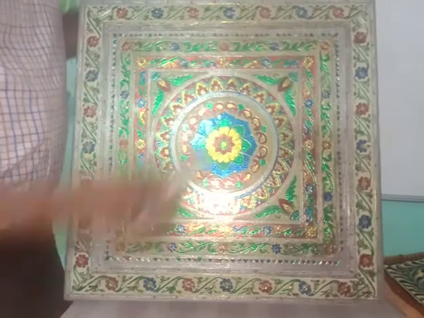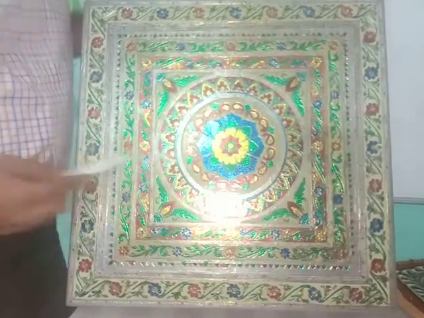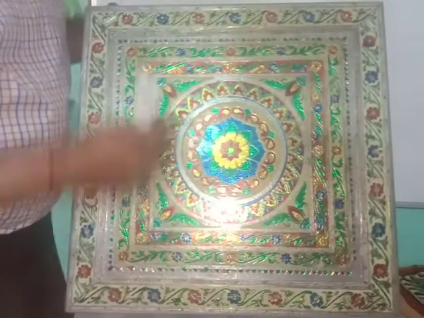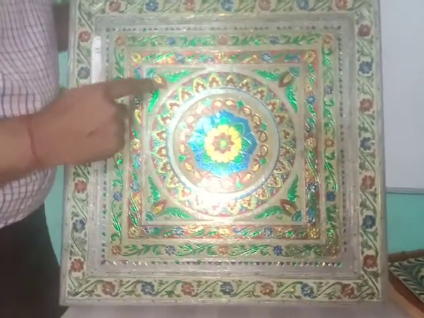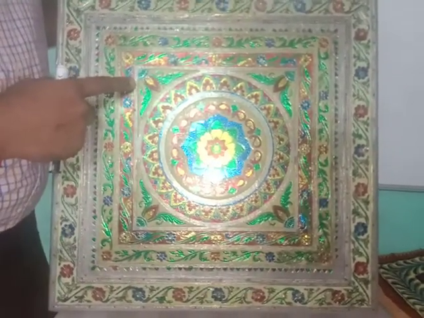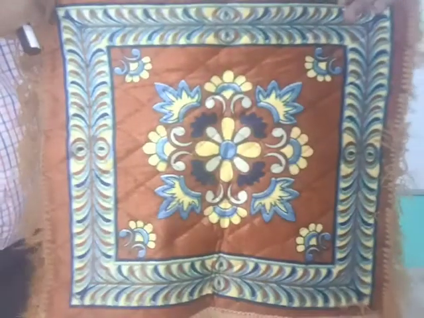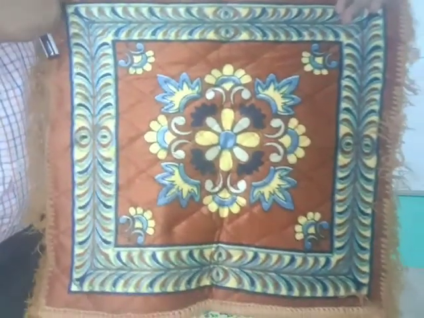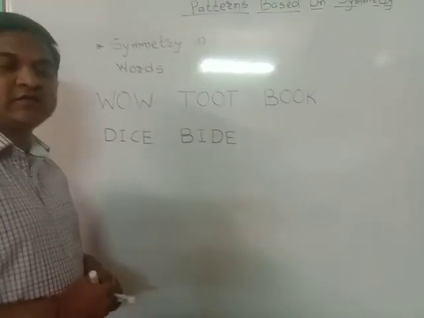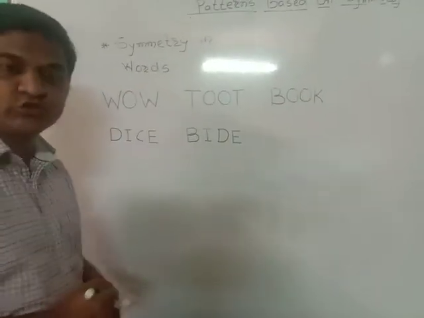You can see that this pattern is symmetric about a horizontal axis and a vertical axis. The same figure, the same shape, is reproduced on the other side of the axis of symmetry. This gives a very good look and feel. You'll see such figures on carpets also, where we use symmetric figures to make new patterns.